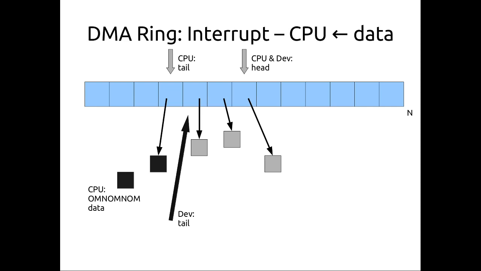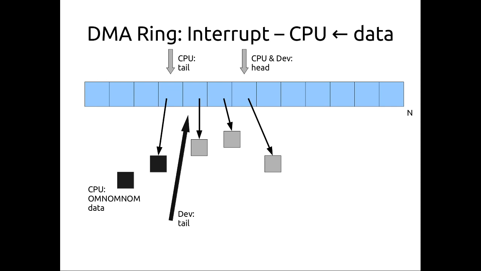Once the CPU gets an interrupt from the device that says, hey, I've transferred data into you, it can dequeue one of those data items from where its tail was pointing, and say, okay, I know that you transferred some data as indicated by the black node.